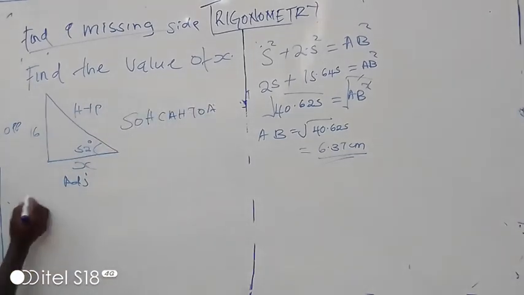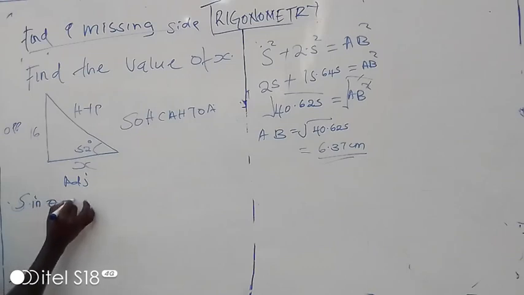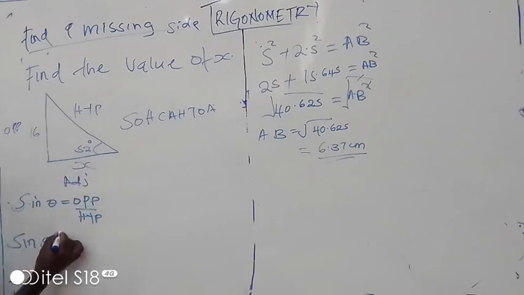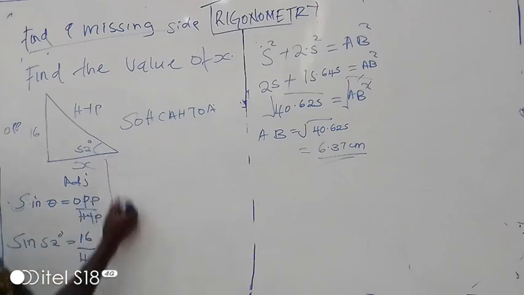This is sine theta, which is equal to opposite over hypotenuse. So sine of 52 degrees is equal to opposite, which we are given as 16, over hypotenuse. So we need to find the hypotenuse.